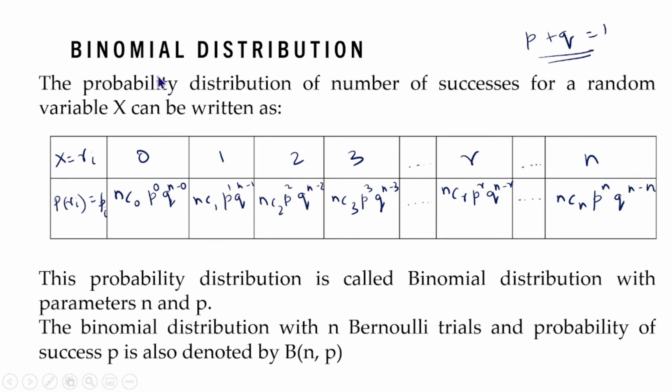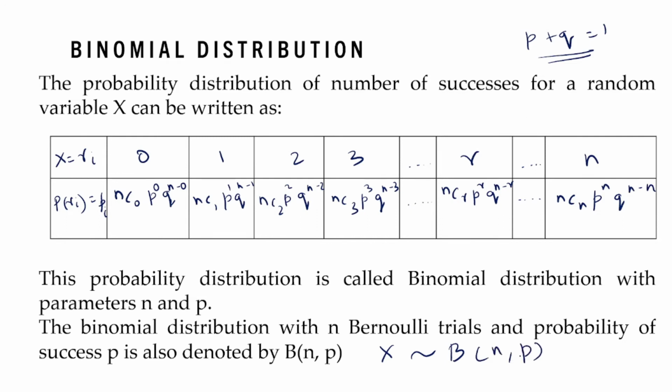So when we have a distribution of this form with n Bernoulli trials and probability of success given by p, we call it a binomial distribution, and we say this random variable x follows binomial distribution. This is the symbol: x follows binomial(n, p).